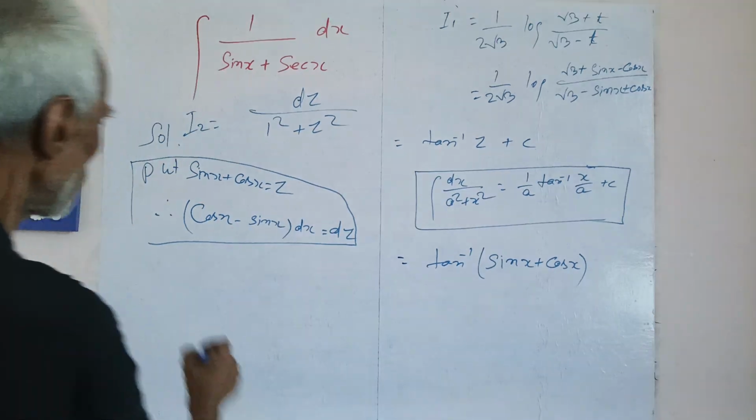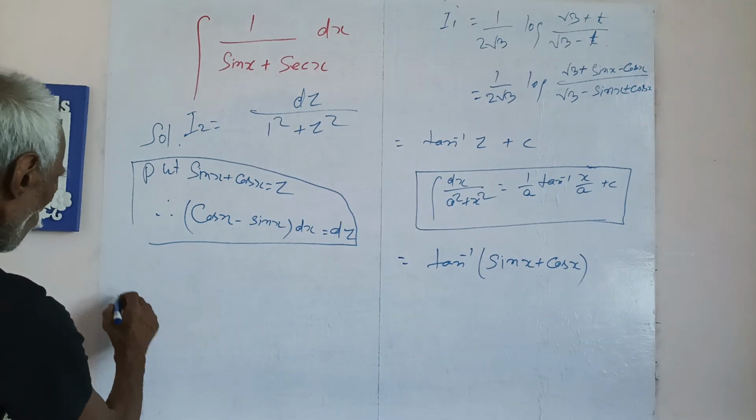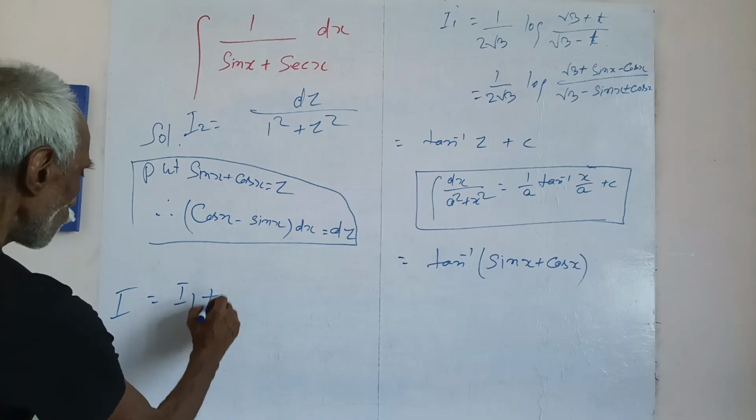Now the final part, final answer, right? I is equal to I1 plus I2.